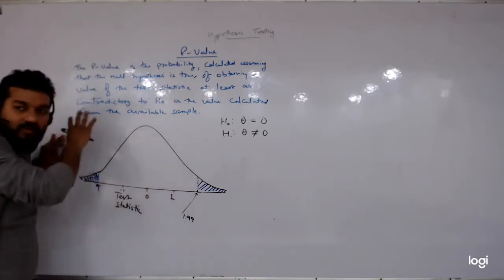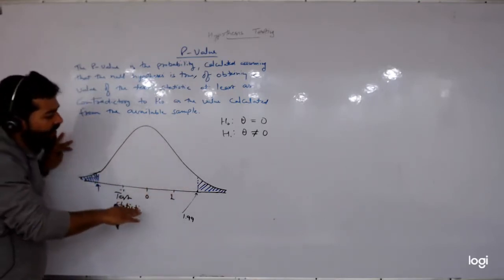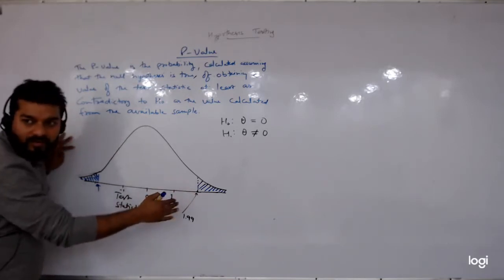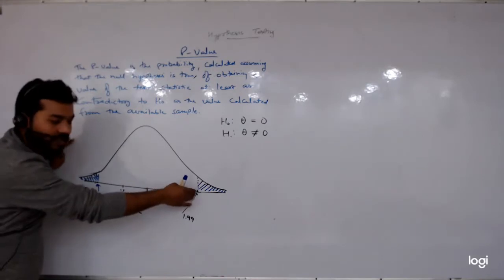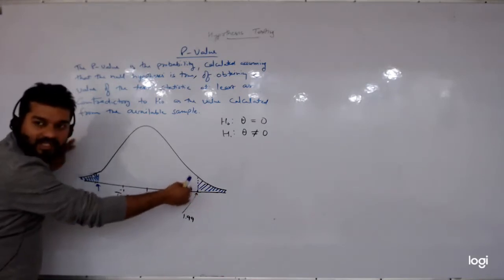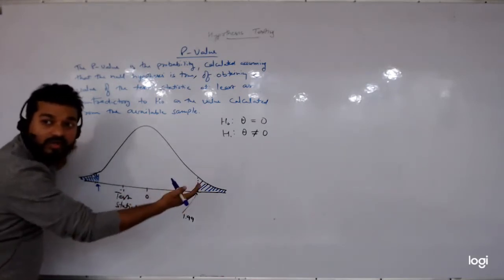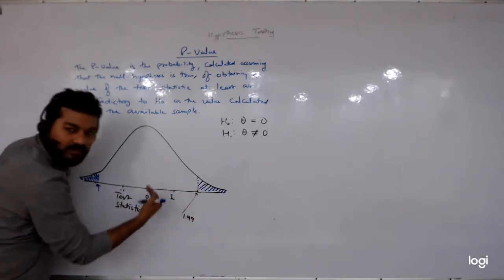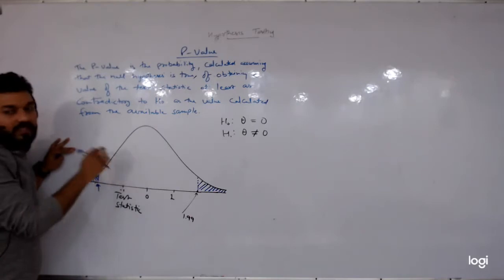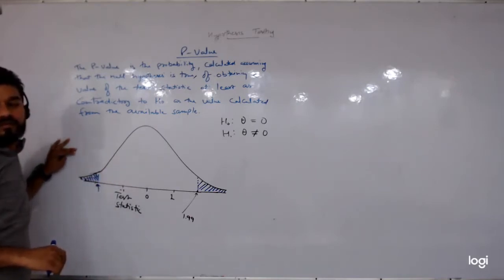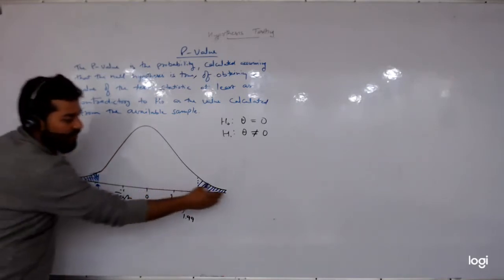Now we need the probability of more values which are at least as contradictory. That means they are either contradictory to the same level or more contradictory. More contradictory would mean more away from this center. What is this probability?